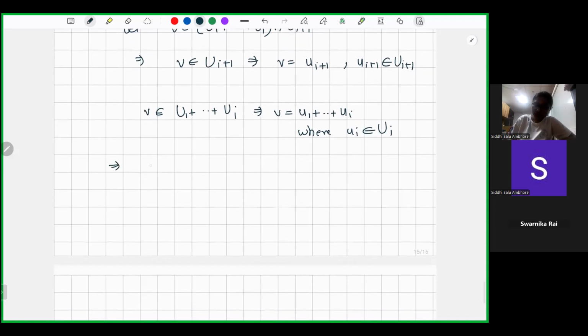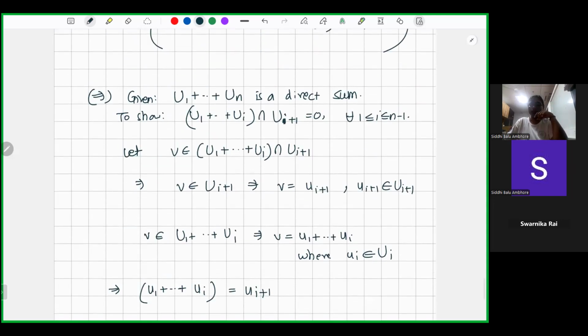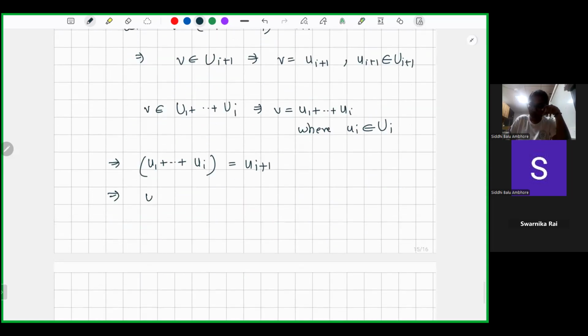Right? So this will give me u1 plus ui is equal to ui plus 1, right? Because both are expressions of u in these respective vector spaces. So this will give me u1 plus ui minus ui plus 1 is equal to 0, right?